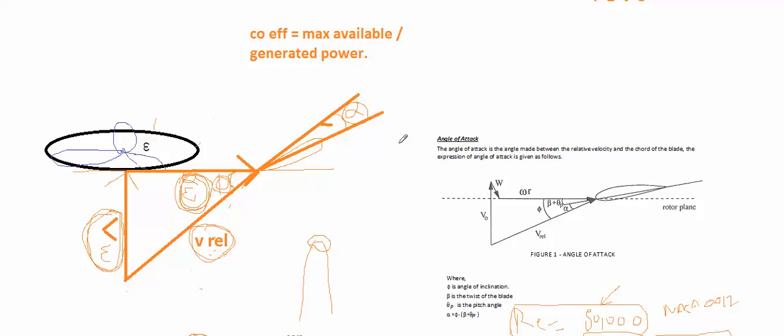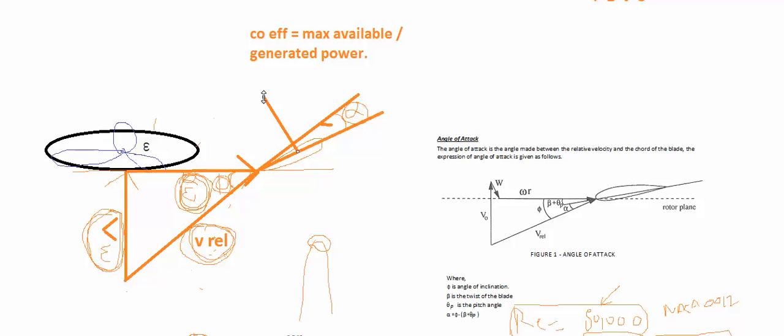That means this is the actual wind being faced by the blade element. When it faces this wind, it experiences a lift. Now that lift is perpendicular to the direction of the wind.